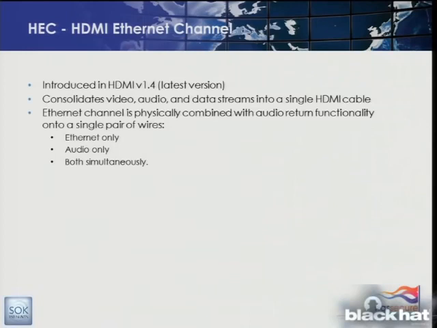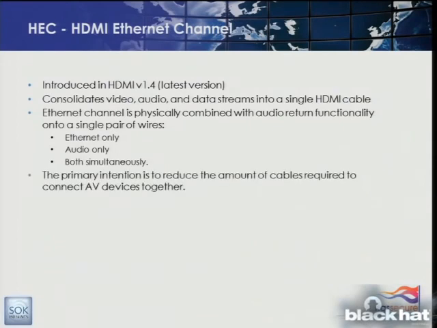So if you've got an internet-enabled TV connected to your home broadband via wireless, and that's in turn connected to a Blu-ray player that has the ability to do updates over the internet, it can connect to the internet via the HDMI cable using the HEC protocol, because it's connected to the TV, which has got internet access. So it's all about reducing cables, essentially.